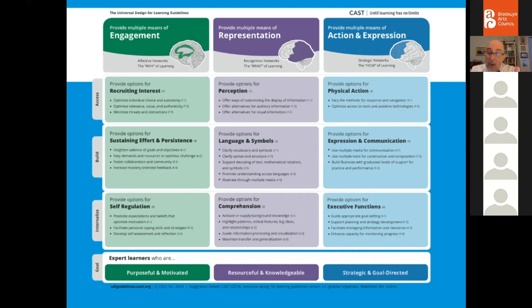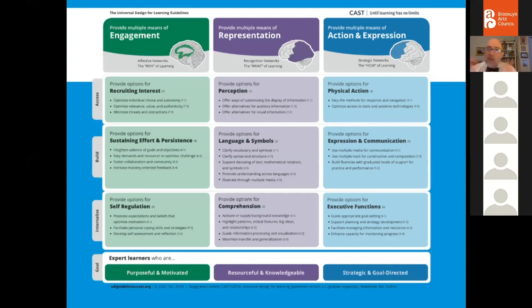I think about people who are strategic and goal directed. There are people who are dyslexic, who have problems processing information, who would need some assistance with representation. But they are often extremely strategic and goal directed.